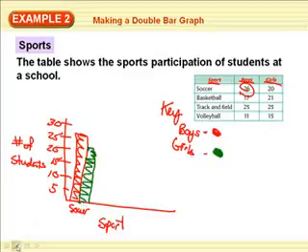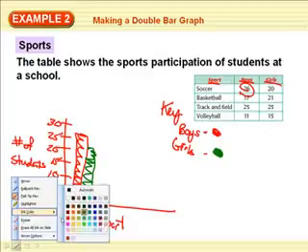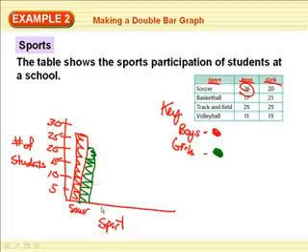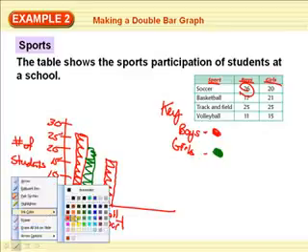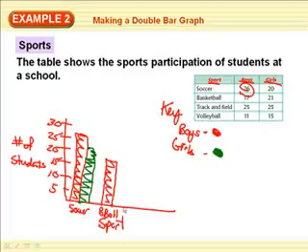And then I'd go back to my red, and I would do basketball. Boys is 17, so I'd go up to 17. Girls is 21. There's the girls. So you get the idea on that.